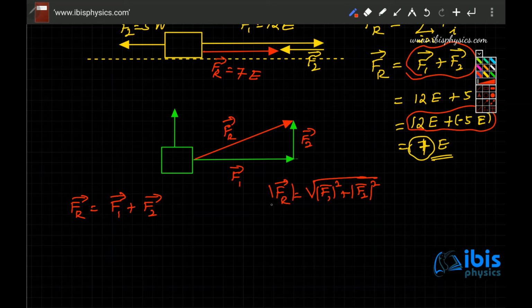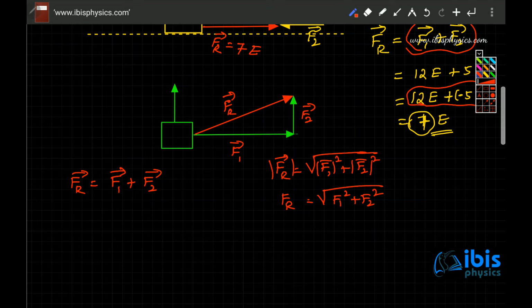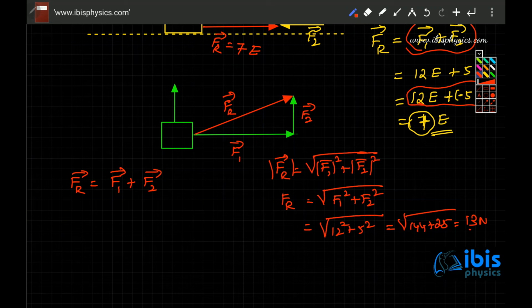This is the magnitude of Fr. This is equal to root over F1 square plus F2 square. And the resultant is root over 12 square plus 5 square. 12 square is 144 plus 5 square is 25, root over 169, which is 13 Newton.